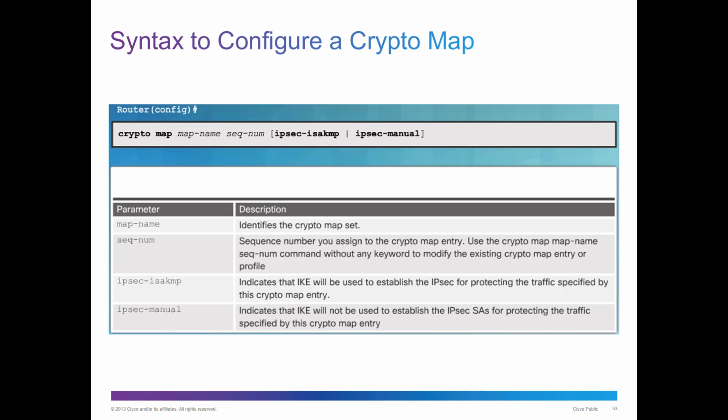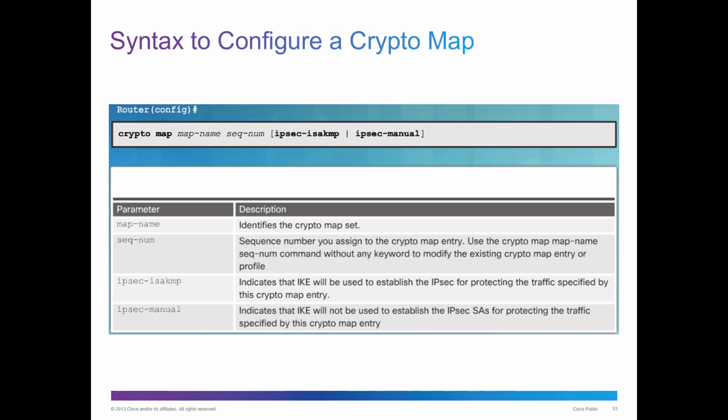And then here we're looking at IPsec ISAKMP, which will indicate that IKE will be used for IPsec. If you do IPsec manual, it will indicate that IKE will not be used to establish the appropriate IPsec SAs. So again, kind of depending on how you're going to be doing it.